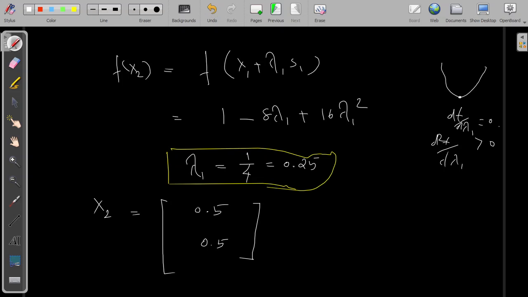So this is x2, (0.5, 0.5), the new base point.